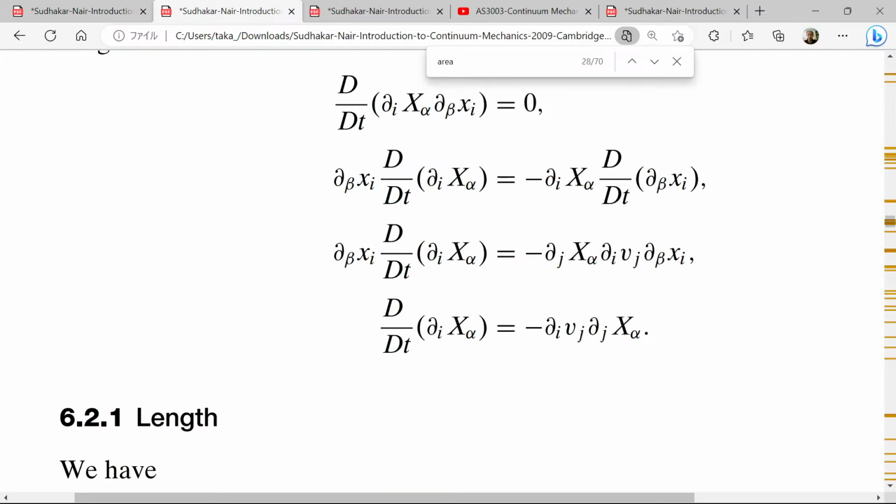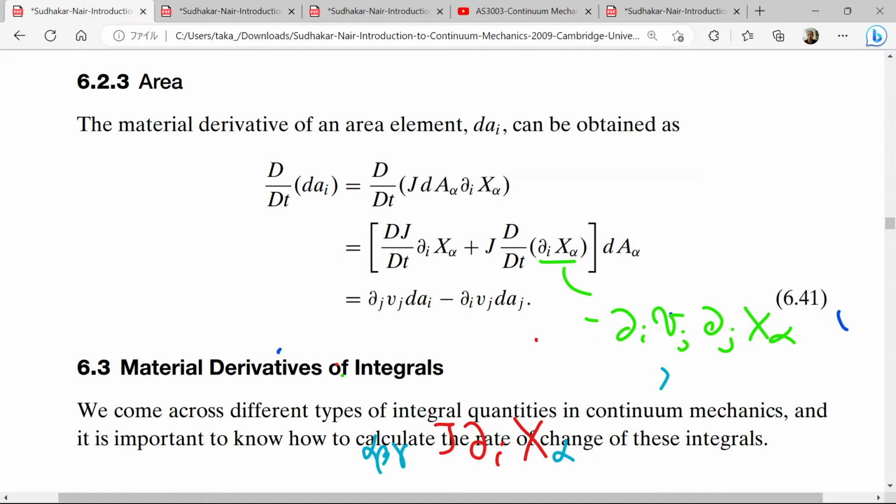I j j alpha partial v partial x, partial v partial x, right? So then this thing, yeah.